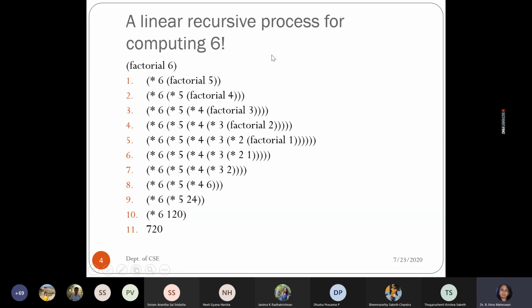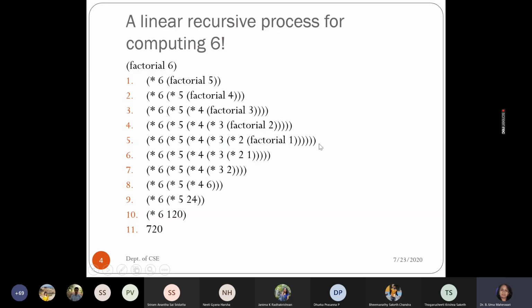This type of recursive process is called a linear recursive process. Why are we using the word linear? Linear in the sense that if n is greater than 6, the expansion will increase. The number of times of expanding depends on the value of n. If the value of n is 20, the expansion is widened further, it is more.